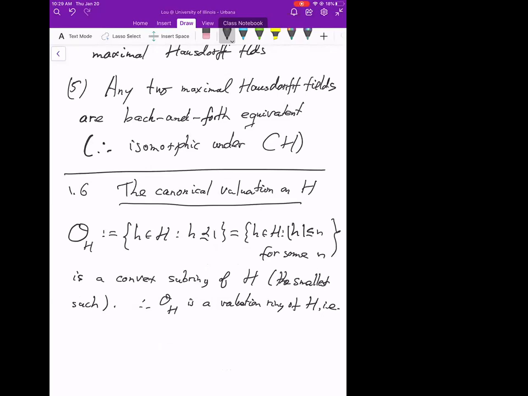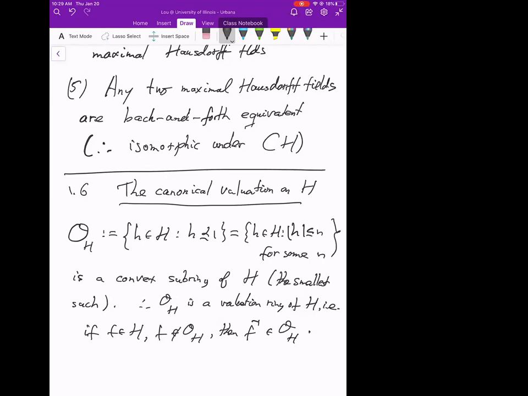If f in H, f not in O_H, then its multiplicative inverse is. Right, so a subring of a field with the property that every element of the field is in it, or its reciprocal is in it, that's called a valuation ring of the field.